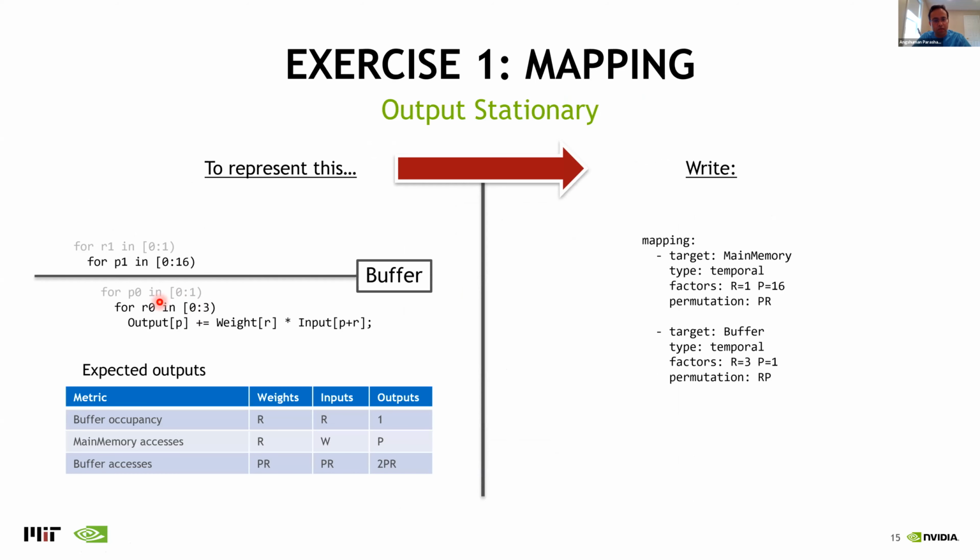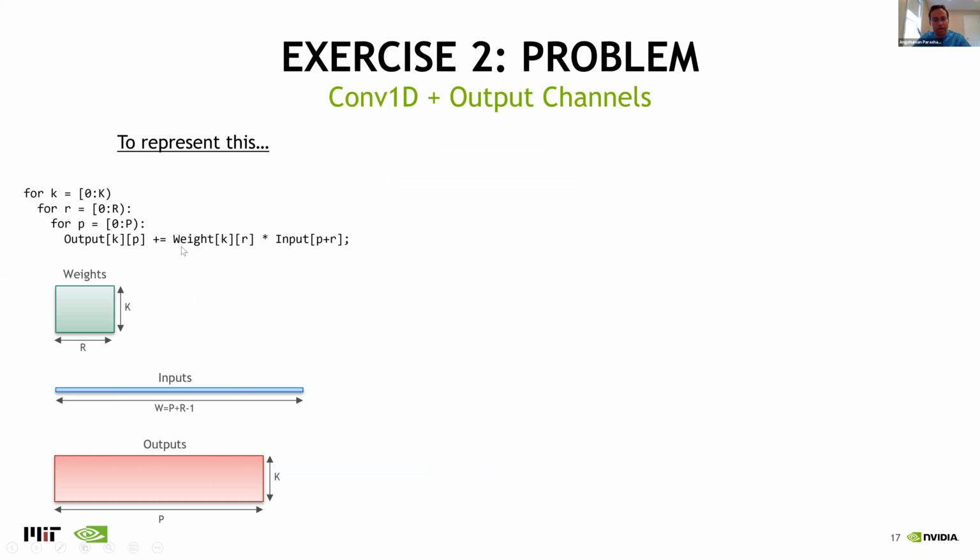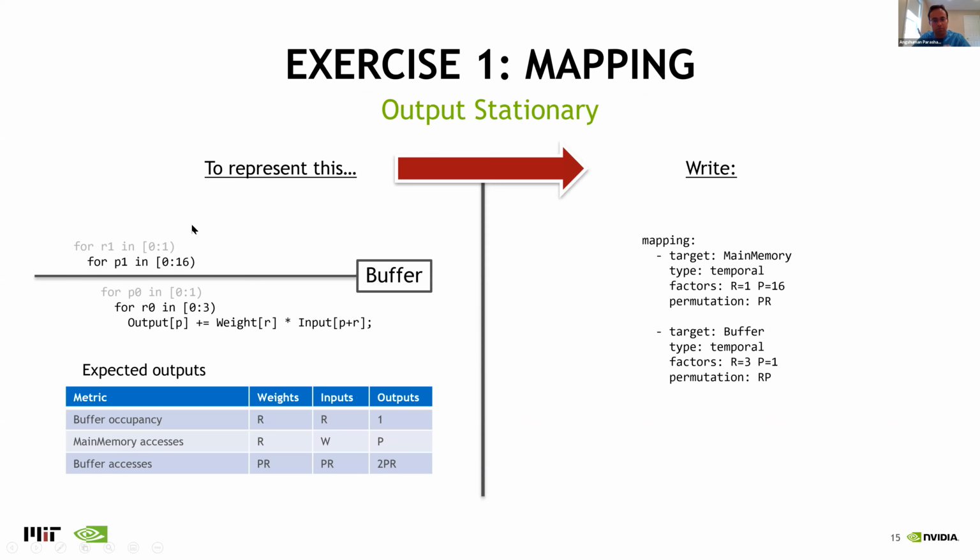So the trivial loops are just, we have this canonical representation, and we can always make them optional, so that any factor that you don't specify is automatically assumed to be 1. The reason we did that is because we wanted to avoid errors, especially as you're working with both the mapper and the model.